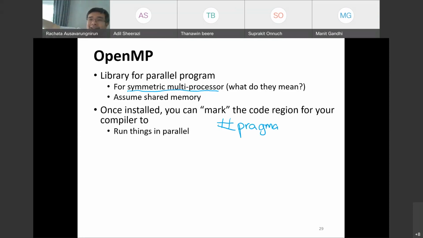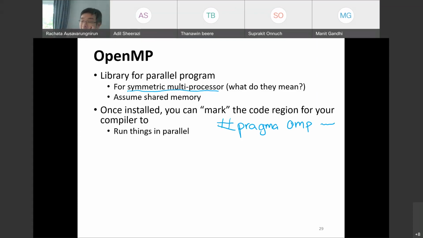Pragma is basically giving hints like, hey, compiler, this is my hint to you. The hint is use OpenMP, and then you can add whatever you want to do here. For example, if you want to run a for loop in parallel, you can use OpenMP for. OpenMP for will trigger running this loop in parallel.